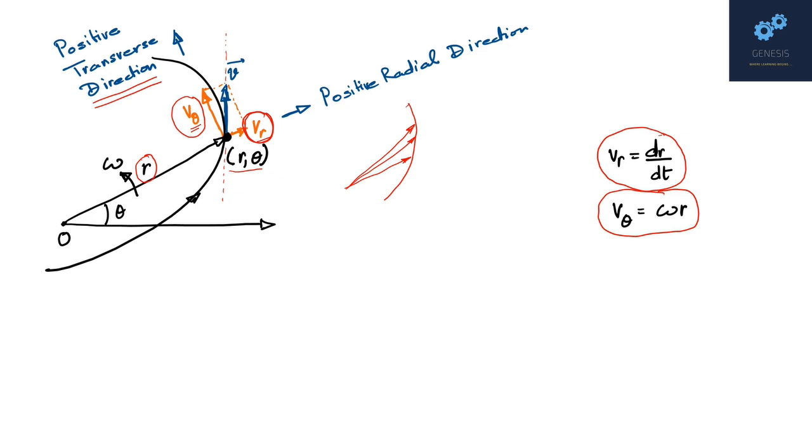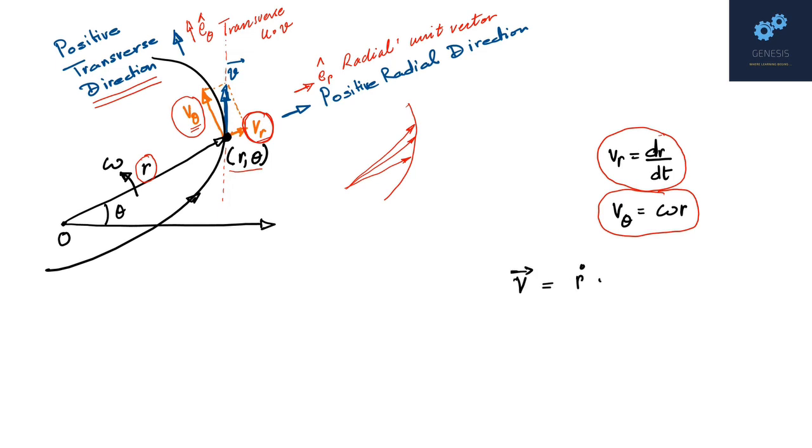To write it in vector form, we take a unit vector like this, which is called the radial unit vector, and its direction is in the positive radial direction. And another unit vector in the perpendicular transverse direction, and obviously we call this the transverse unit vector.